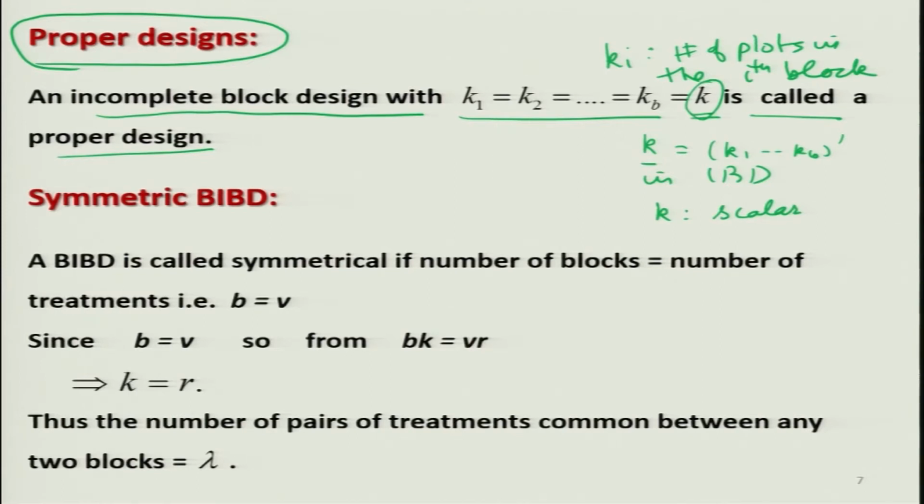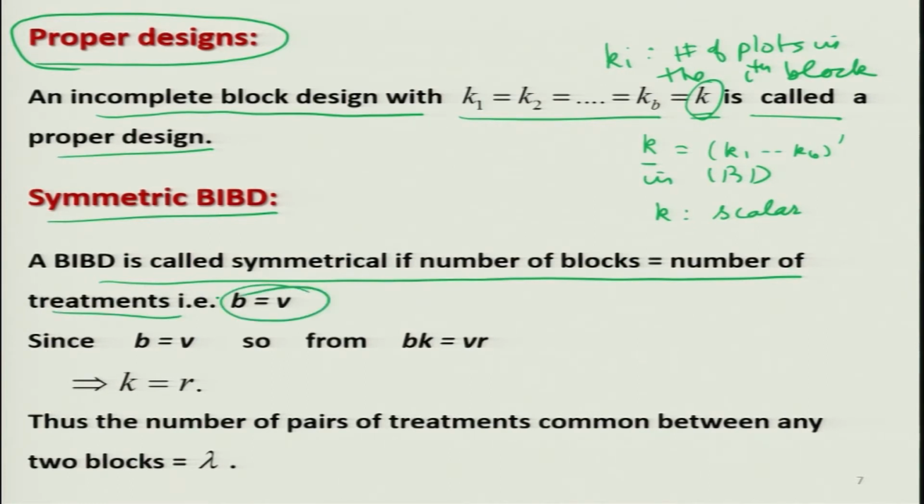Now, what is a symmetric BIBD? A BIBD is called symmetrical if the number of blocks is the same as the number of treatments, that is, b is equal to v. In this case, because b is equal to v, we had the relationship bk equal to vr.